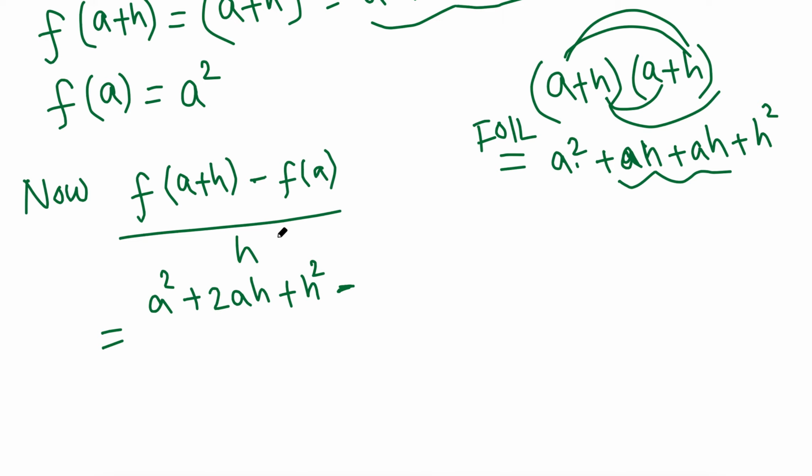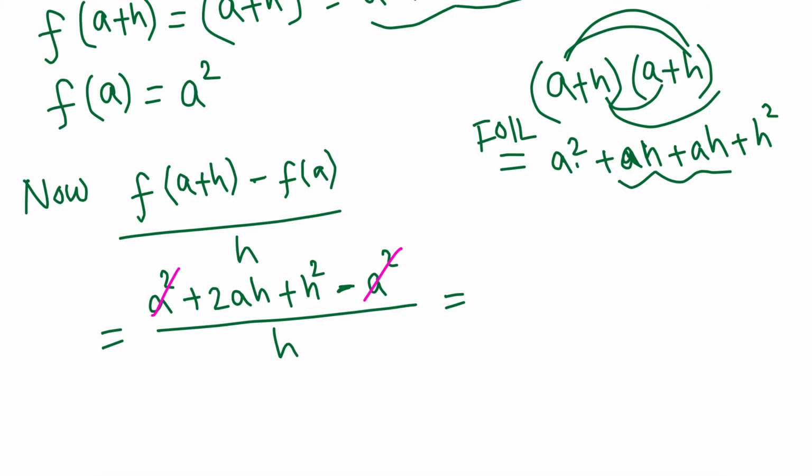But f of a is simply a squared, so that's not needed, all over h. On the top we can simplify, because a squared minus a squared is just 0, they cancel.